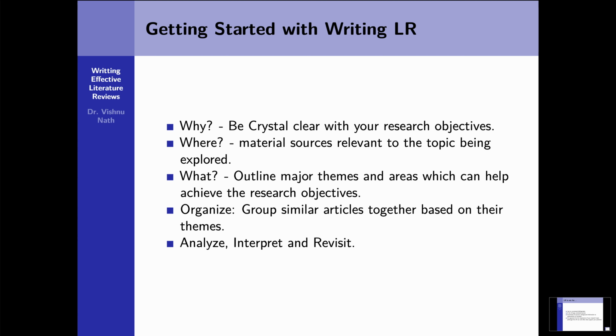Then see what research gaps or research avenues are still left for a researcher to work on. Okay, so this is the why. If you have answered this question in the preliminary stages, then it becomes very easy for you to prepare your synopsis, as well as justify your research objectives and your topic.